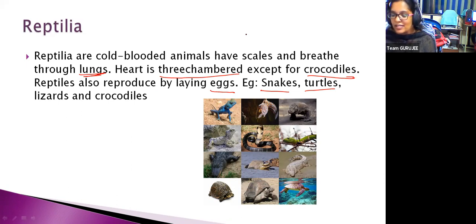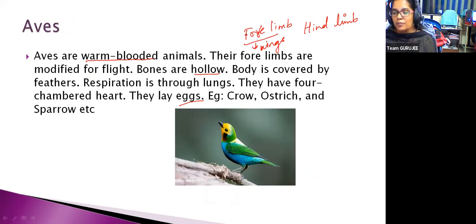Tortoise, alligators, chameleon, everything. Next, birds. They are warm-blooded animals. Their forelimb is modified into wings with feathers for flying. Respiration is by lungs. And their heart is four-chambered.